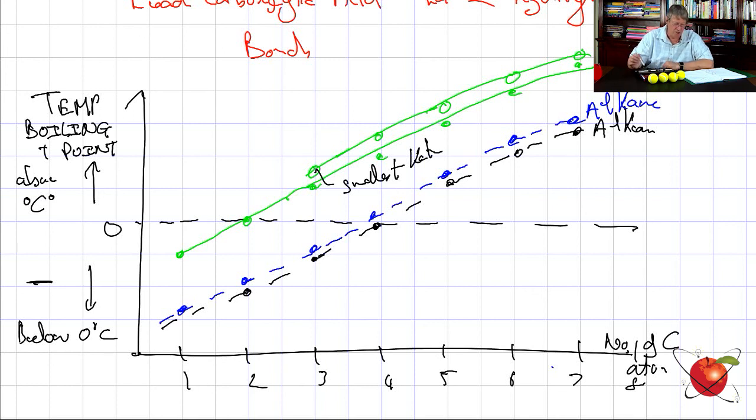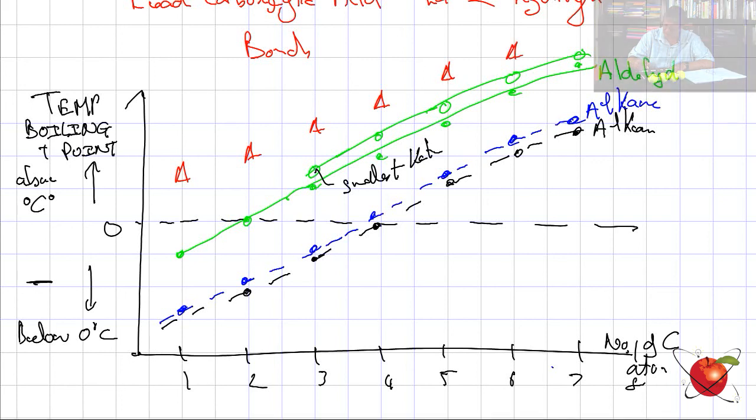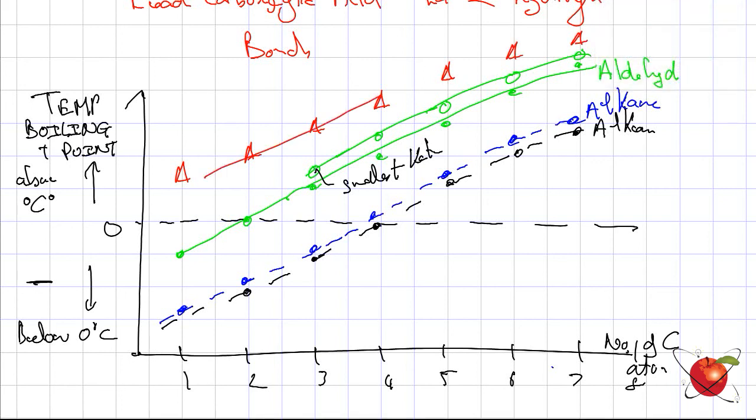Lastly, the last two are the alcohols and then the acids. I'm going to go for red for the alcohols, a solid dot. So red, I've got here, up there, let's say there, there, there, there. I think you get the gist of what is happening here. The alcohols are doing this. The green one was the ketone.